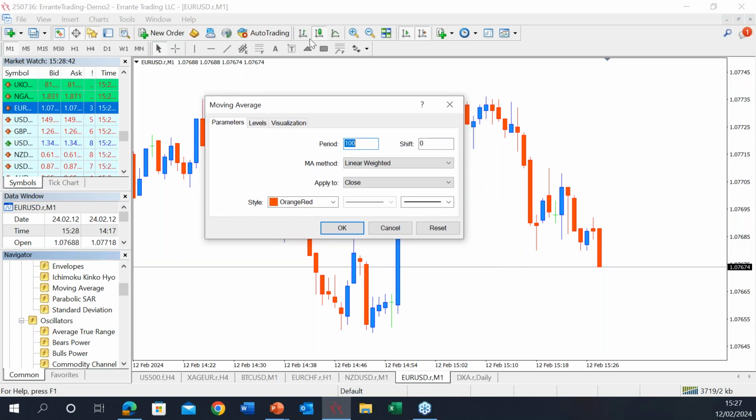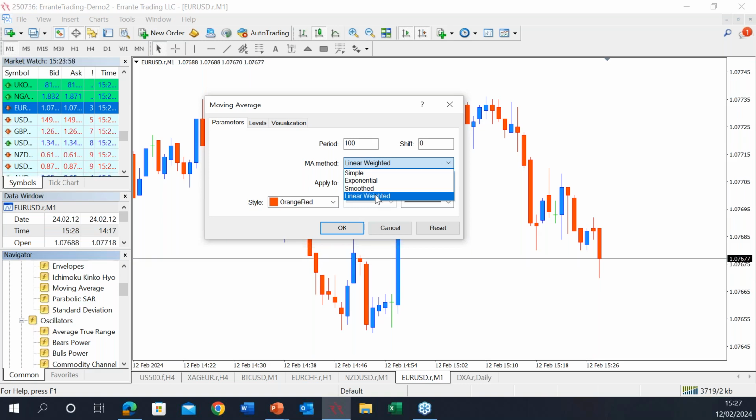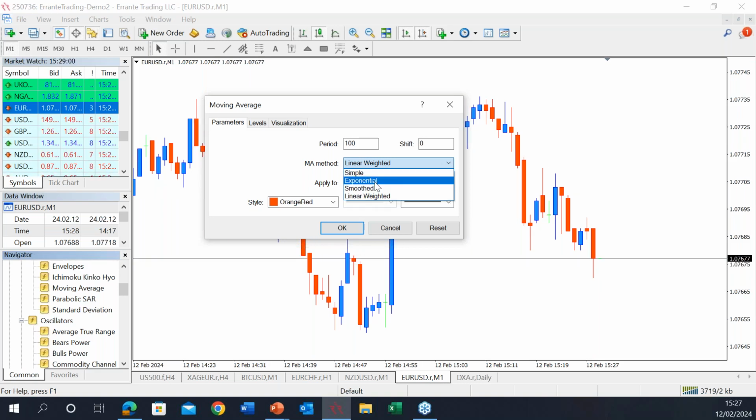Firstly, this window just pops up, and then here you can choose your period, and then you can choose the method of calculation. As you see here, we have only the 4 types of moving averages discussed together: simple, exponential, smoothed, and linear weighted.